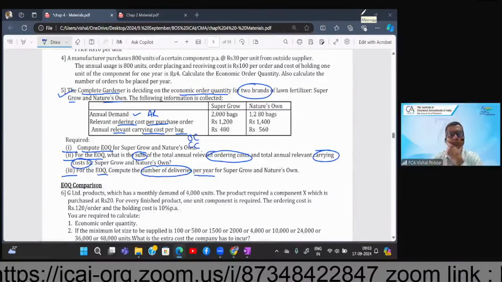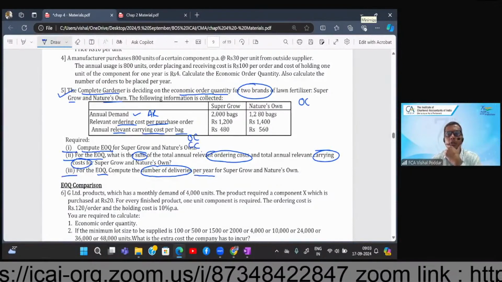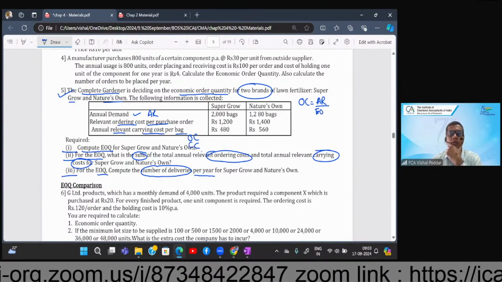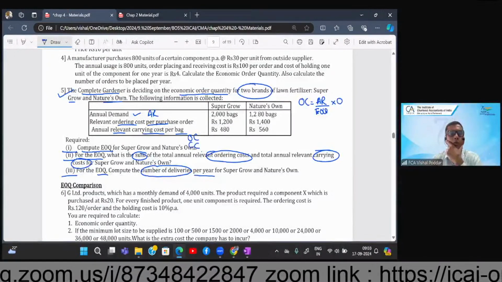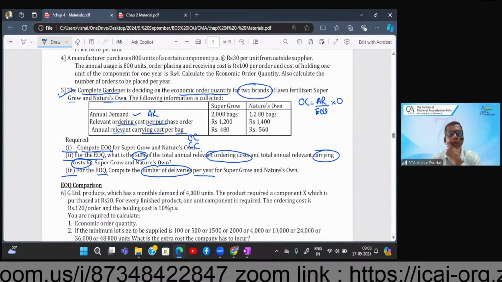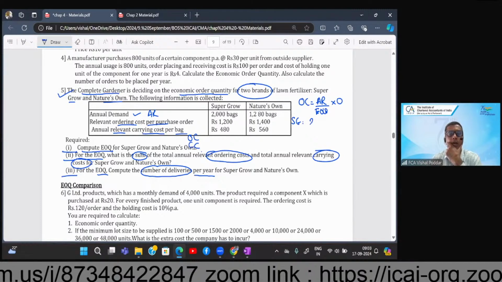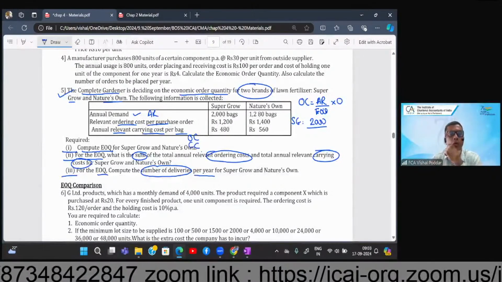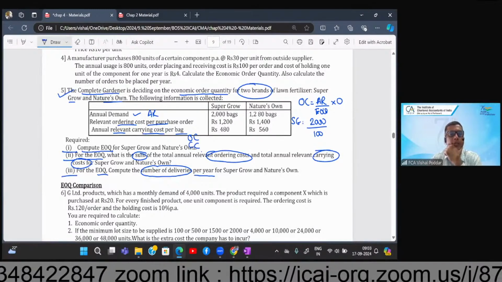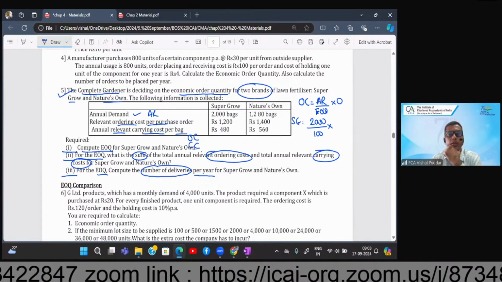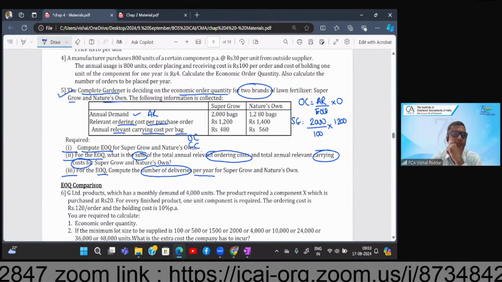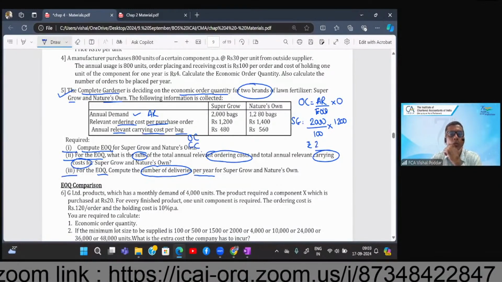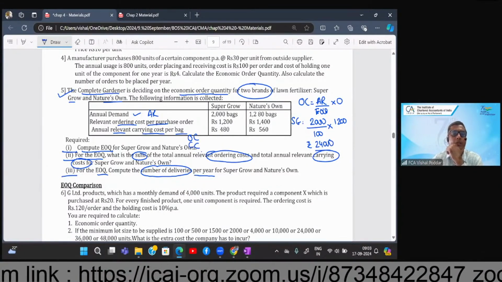See, how do we find out ordering cost? Ordering cost is AR upon order size into O. What is AR for Super Grow? AR for Super Grow is 2000, which is your annual demand. EOQ we just computed, 100 bags, into O is 1200. So how much is it coming to? It is coming to 24,000 rupees, if I'm not wrong.